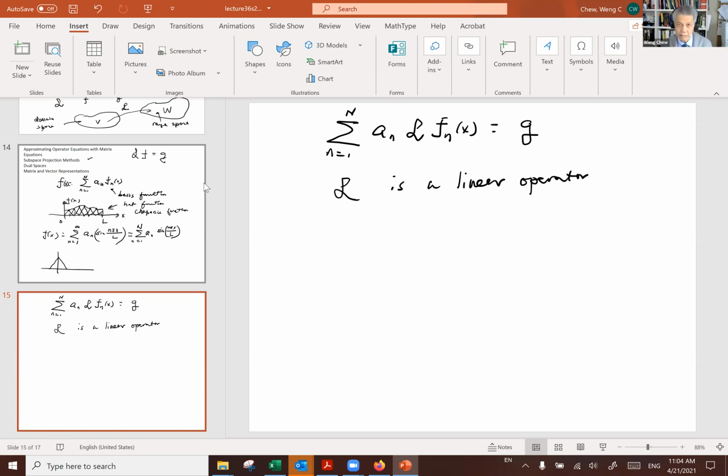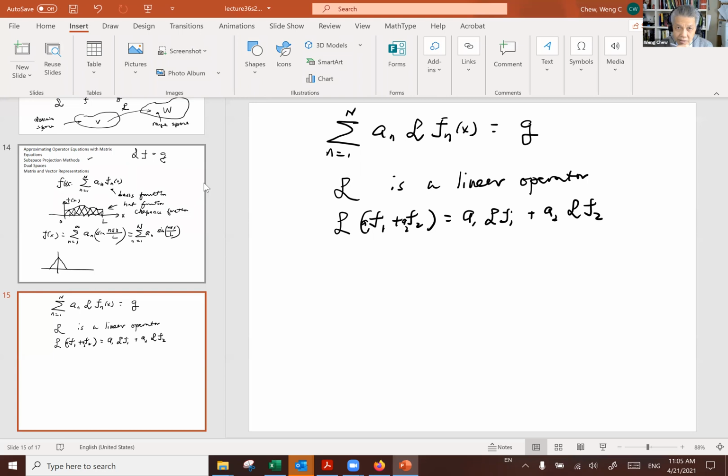What L being a linear operator means is that, let me be more explicit, if something is linear, then L(a1 f1 + a2 f2) is a1 L f1 plus a2 L f2. This is the definition of what a linear operator is.